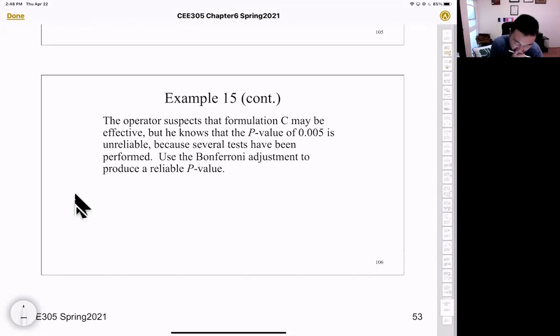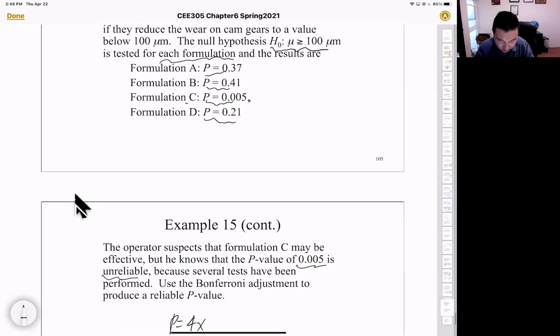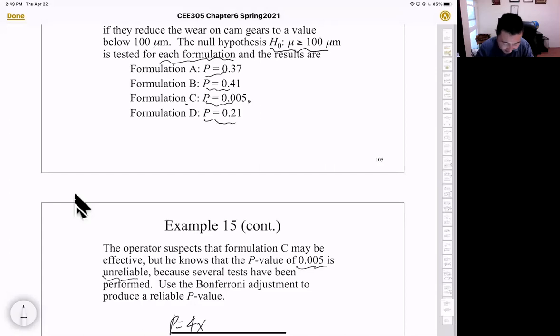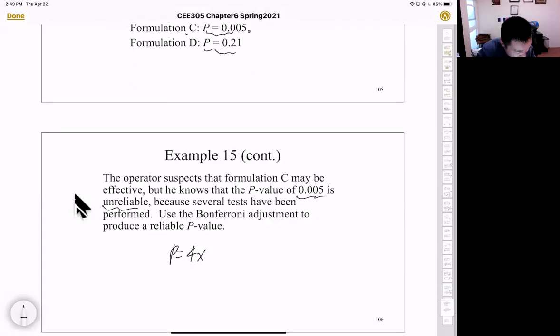But we also know the p-value of 0.005 is unreliable because we performed the 4 hypothesis tests. So we need to do the Bonferroni adjustment, which is 4 times the p-value of 0.005.